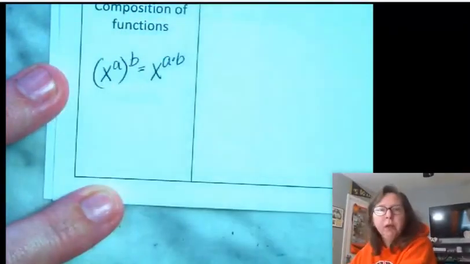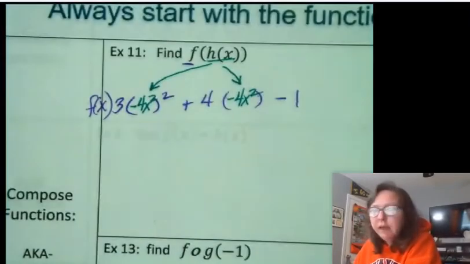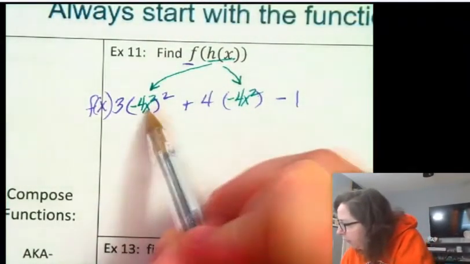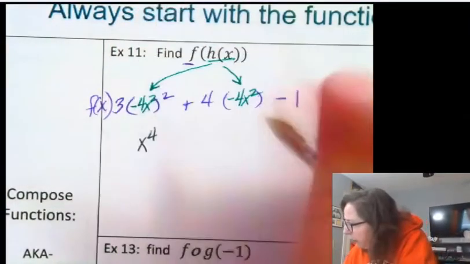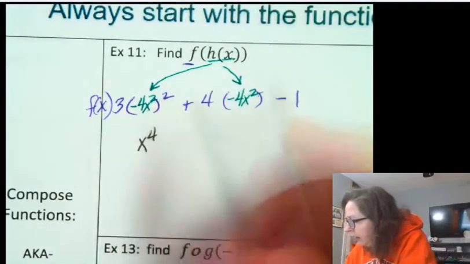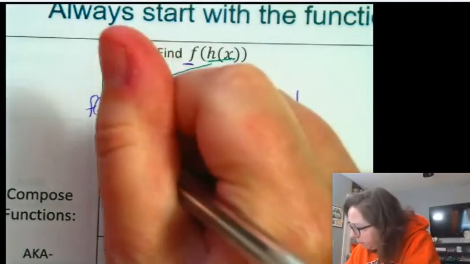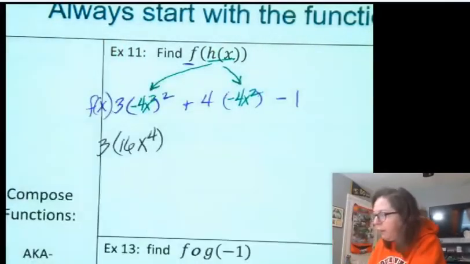So we're going to multiply our exponents. All right. So in this case, I will have x to the 4th power, and negative 4 squared is going to give me 16. And then bring down the 3.